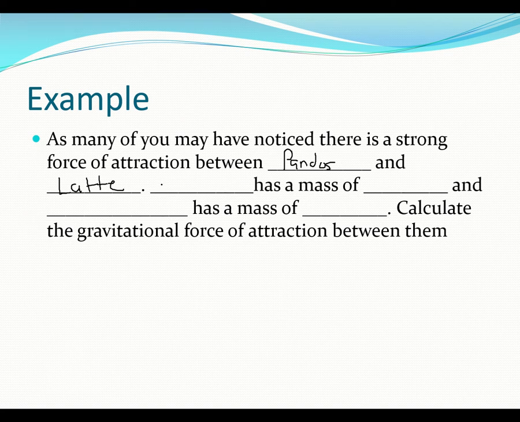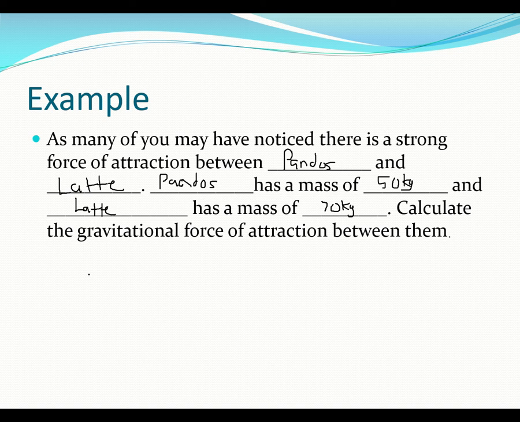So Pandos has a mass of, let's say, 50 kilograms. And Latte has a mass of 70 kilograms. So we can calculate the force of attraction between them. I'm in the library still, so Pandos is working upstairs.